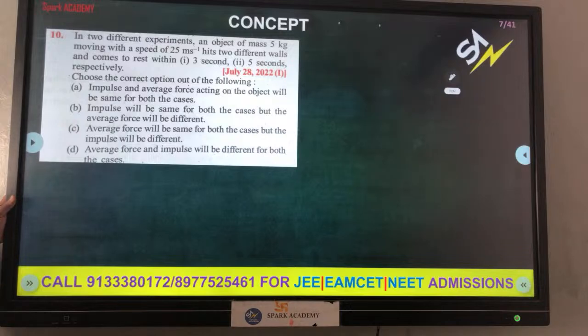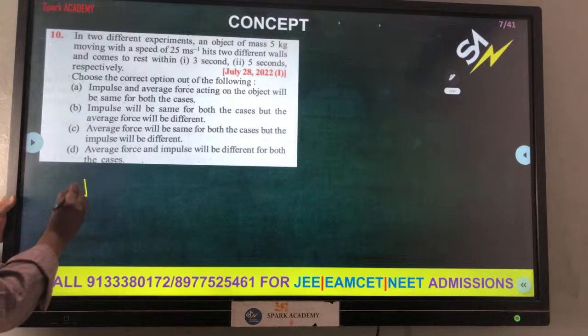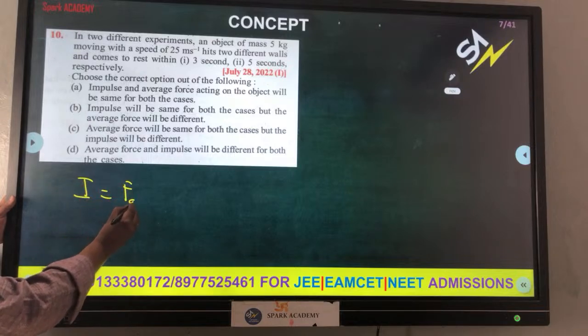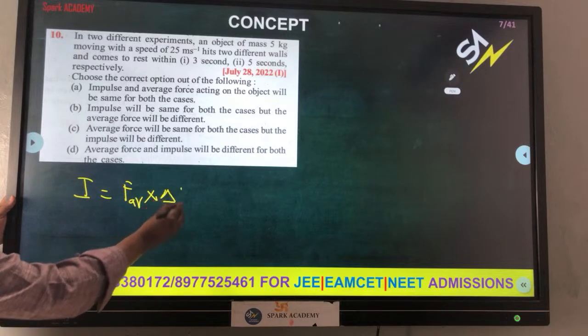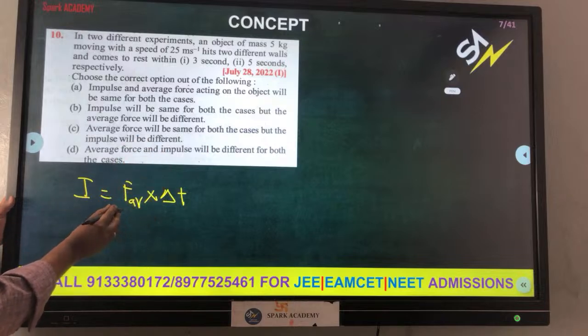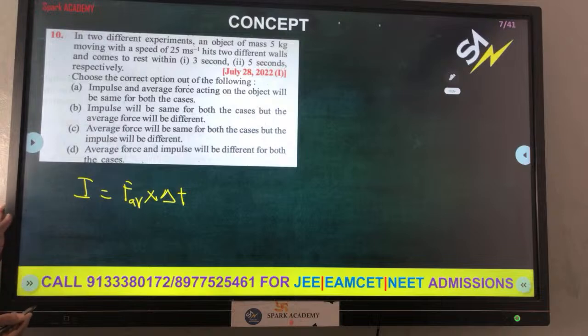A. Impulse and average force acting on the object will be the same for both the cases. What is impulse? Impulse is nothing but the average force into delta t. Time is different, so force also will be different, because in this process impulse will remain constant.